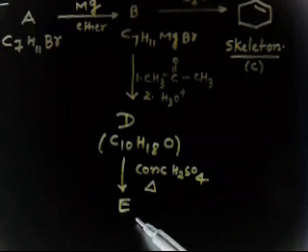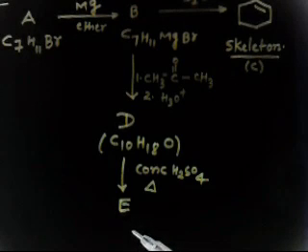Now the question says E decolorizes the bromine water. Heating D gives E, and E has a formula C10H16.